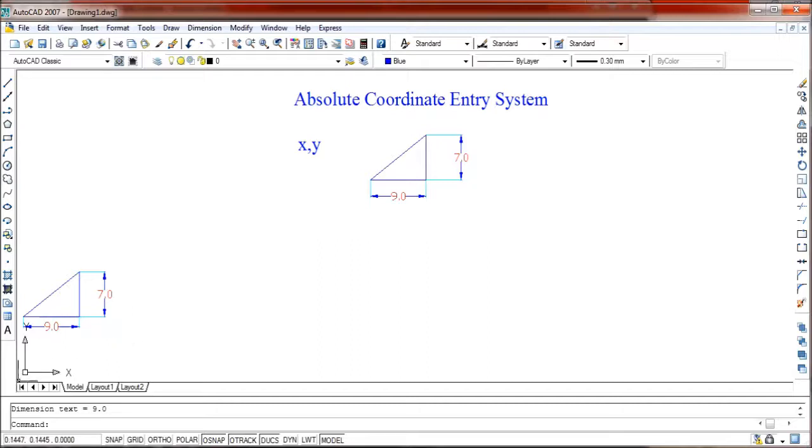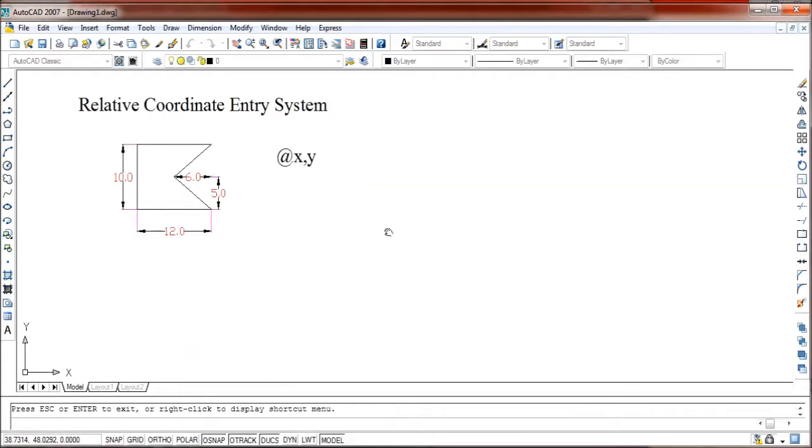Our measurement is always from the fixed reference point. The other coordinate entry system is the relative coordinate entry system. In this case, the reference point always changes. That means the last point we enter will be the reference point for the next point.